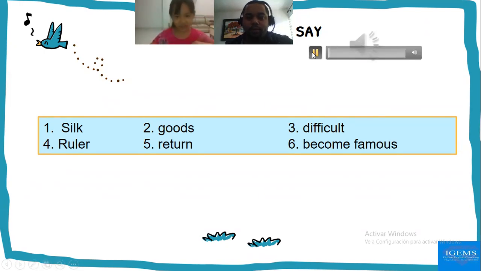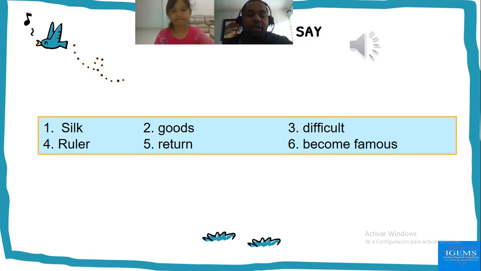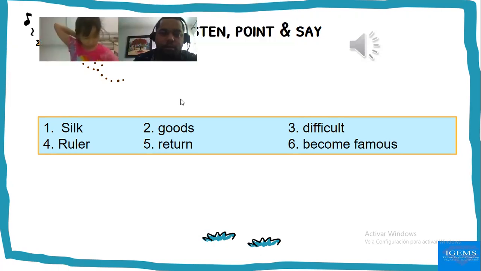Lesson 4, page number 10. Travel and trade. B. Listen, point, and say. 1. Silk. 2. Goods. 3.